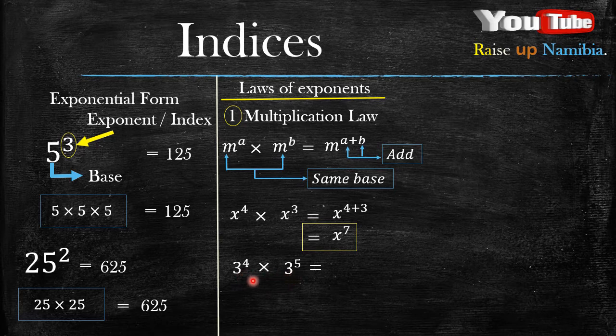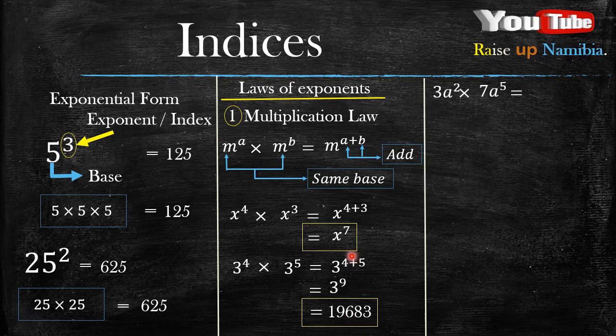So what do we do when the bases are the same? We add the exponents. What is 4 plus 5? It equals 9. And then what is 3 raised to the power of 9, or raised to the 9th power? It gives you this answer, which is 19,683.